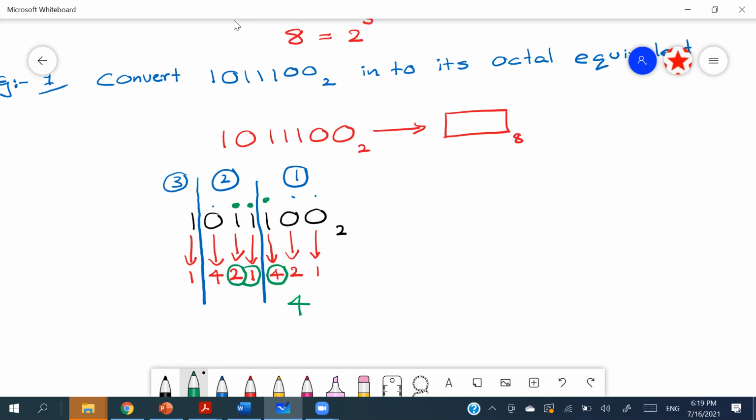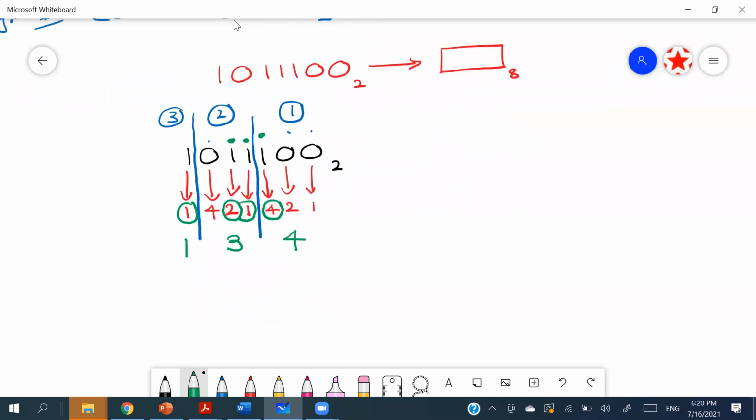So what is your answer? 2 plus 1, which is 3. And here we have to consider 1 anyway, because it is the only symbol we have. So your final answer is going to be 134 in octal.